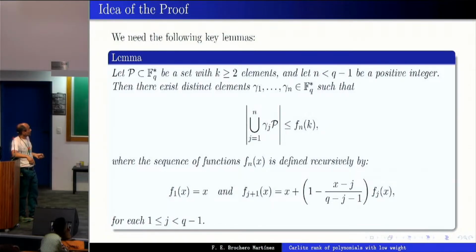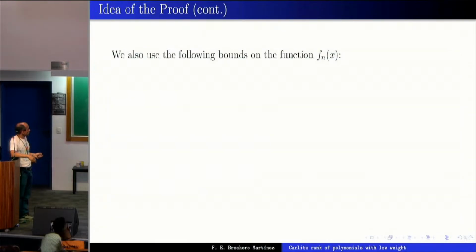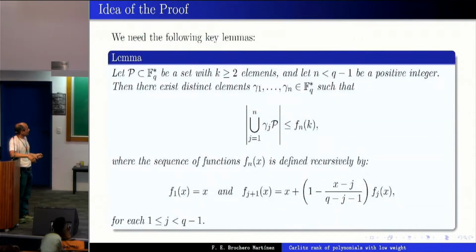Then we can choose some gammas with this property, that the union of these sets is less than a function f_n(k) that satisfies this recursivity. This f_1 is the identity, and this depends on the f_2 rate.